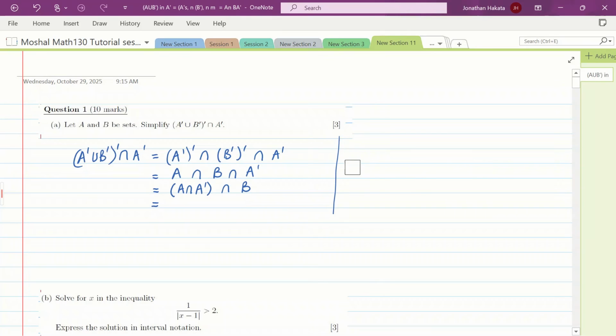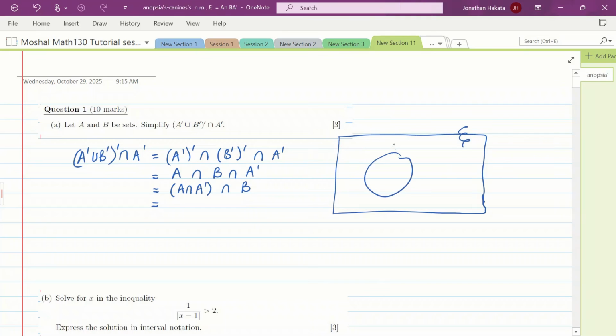If I have something like this, let's consider this big box as the universal set, and we have a set A. Let's call this set A. So let's put numbers 1, 2, 3, and then 4, 5, 6. Now, if I'm going to list, A is equal to the elements 1, 2, 3. Are you following?